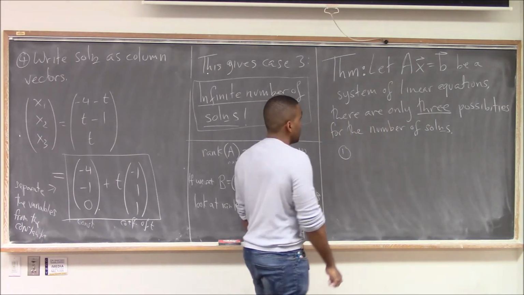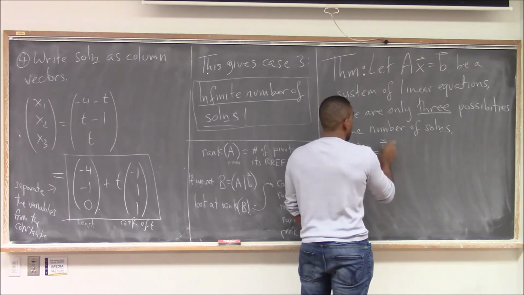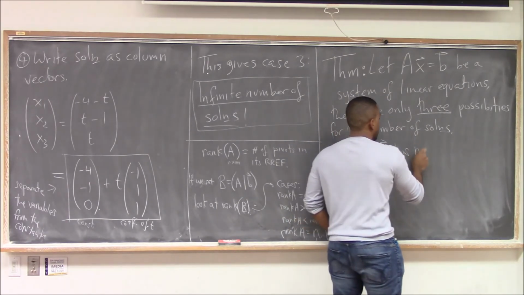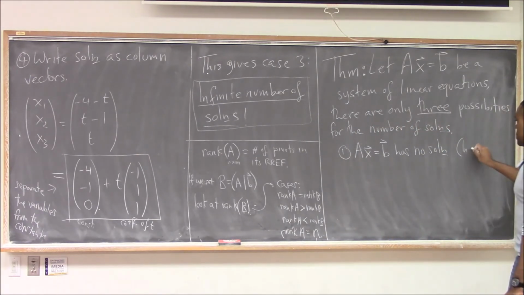One, AX equals B has no solution. This means it's inconsistent.